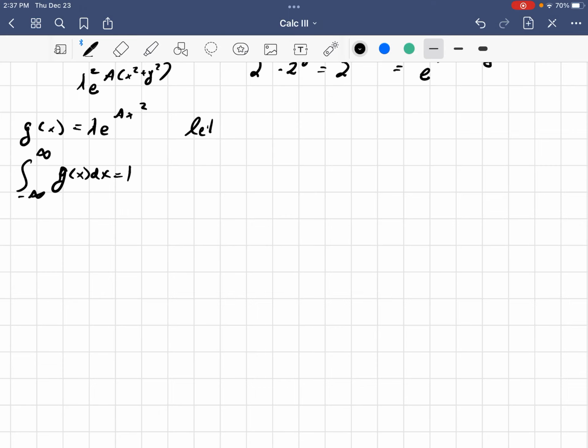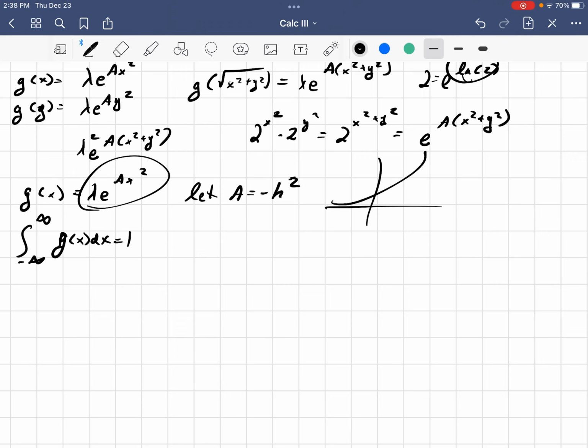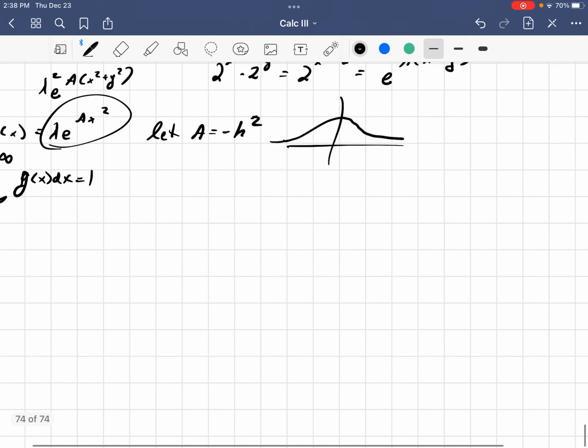And then also we're going to let a be negative h squared, for example. The reason for that being that in lambda e to the ax squared, depending on your value of a, if a is negative, everything is dandy, but if a is positive, then we just go up and up and up, right? So in other words, we want a to be only negative so that when x tends to plus or minus infinity, g of x tends to 0.